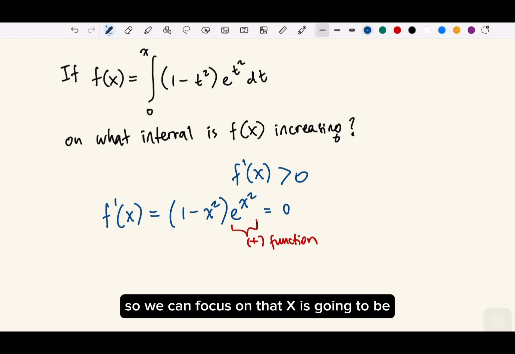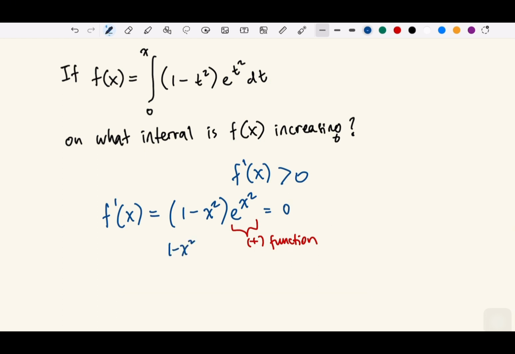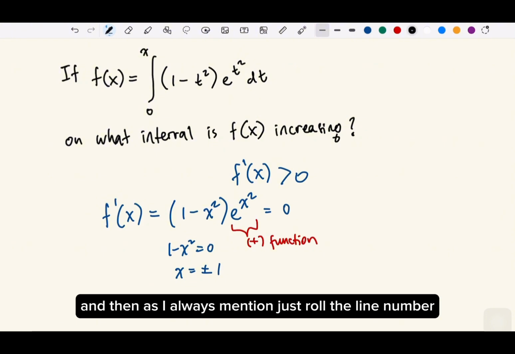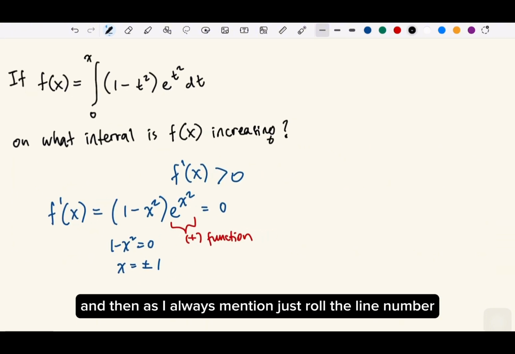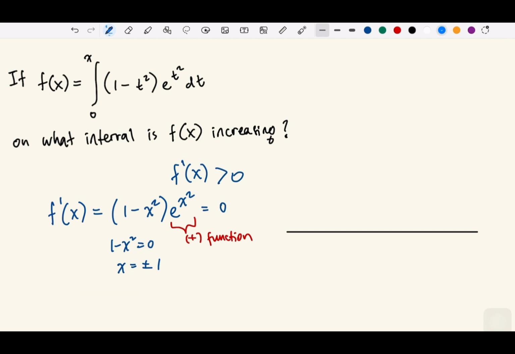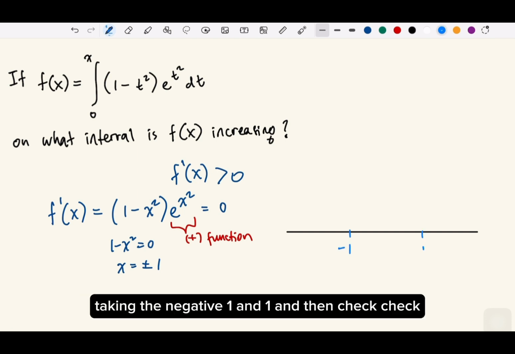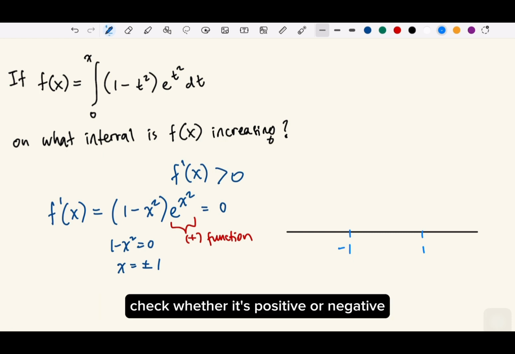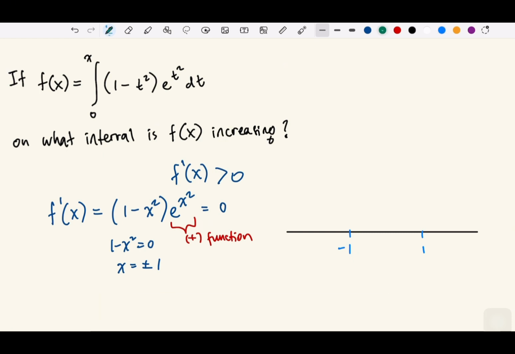So we can focus on that x is going to be either plus or minus 1. And then, as I always mention, just draw the number line, taking negative 1 and 1, and then check whether it's positive or negative. Okay.